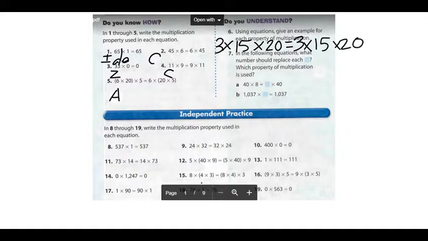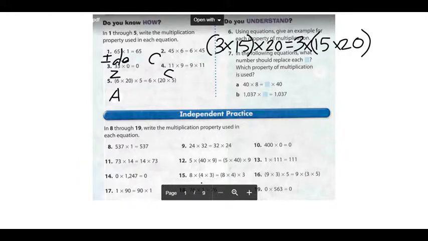I could have put them in a different order, but I'm just going to show that I can group 3 and 15, and I can group 15 and 20. Maybe next time I'd do 3 and 20, so I'd rearrange the numbers. Go ahead and write an example of each kind. Go ahead and do that.